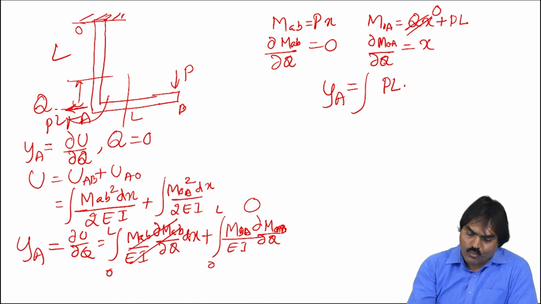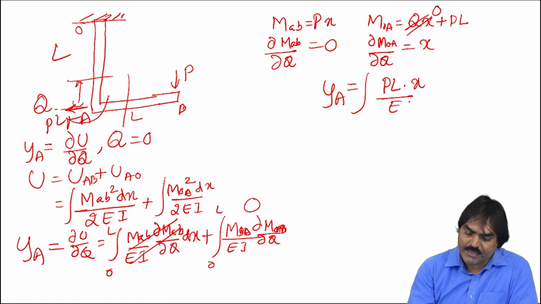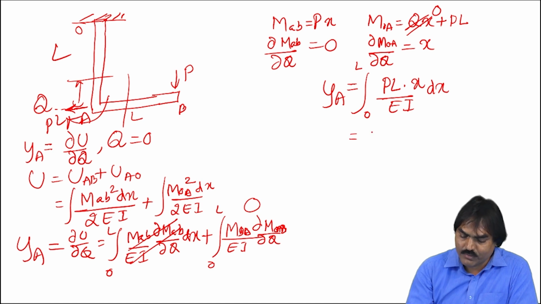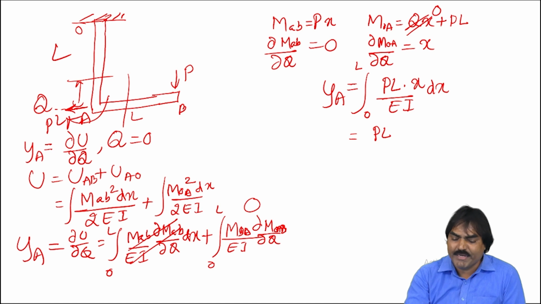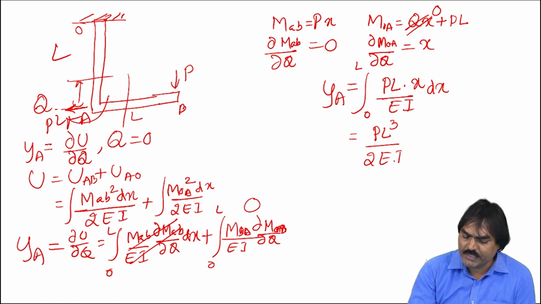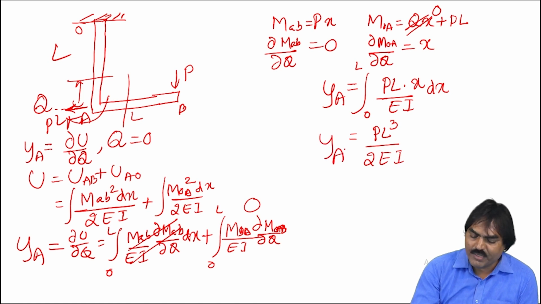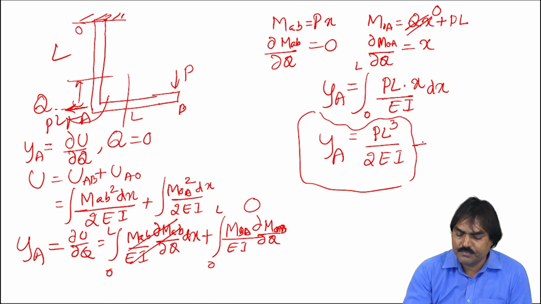PL into dou M_OA by dou Q, which is X, by EI into dx, 0 to L. That is equal to PL times the integration of X, which is X square by 2, that is L square by 2, so L cube by 2EI. This is the deflection at A point which is horizontal.